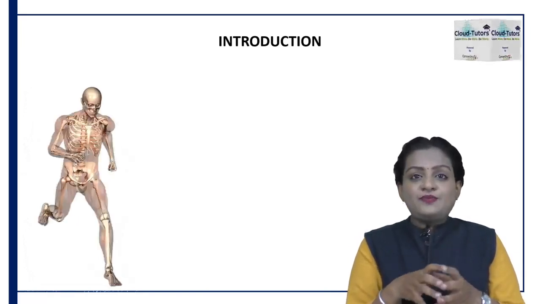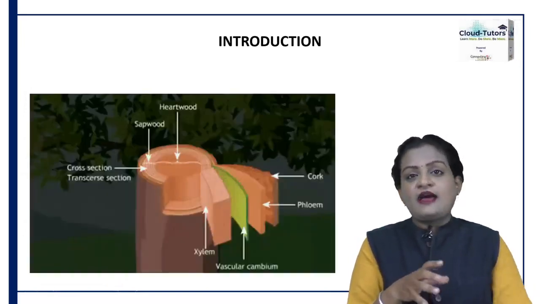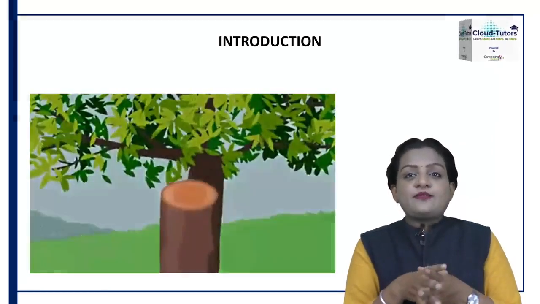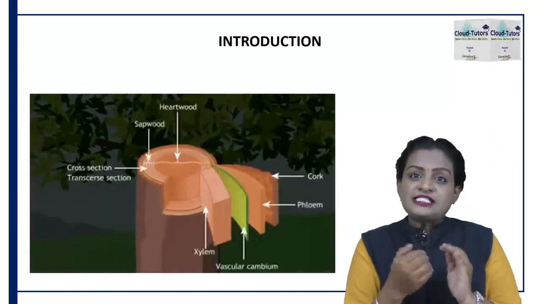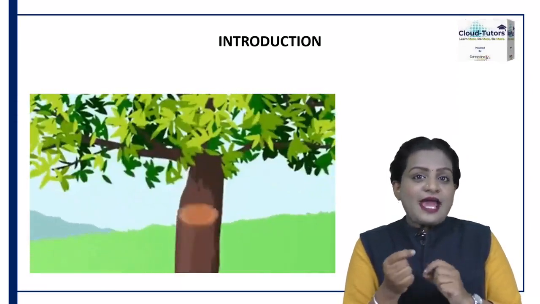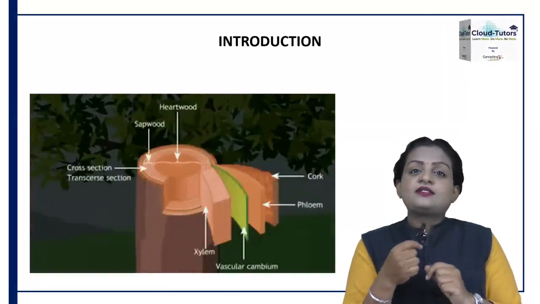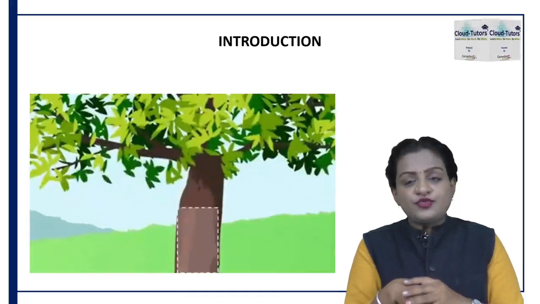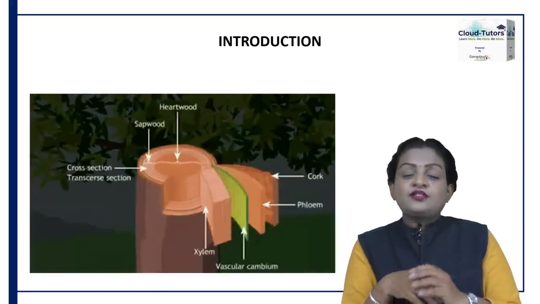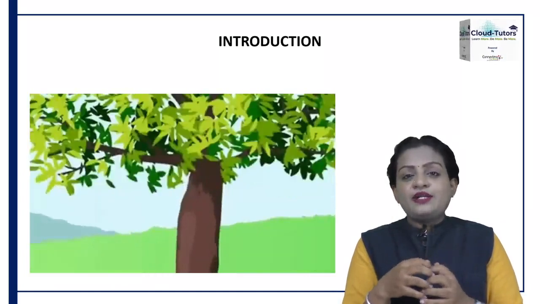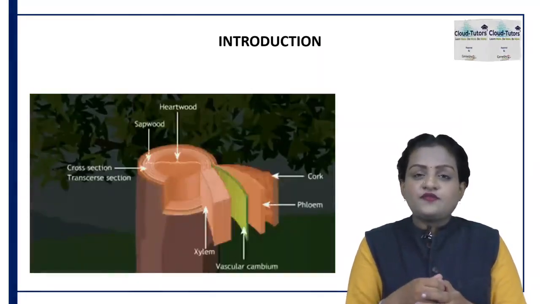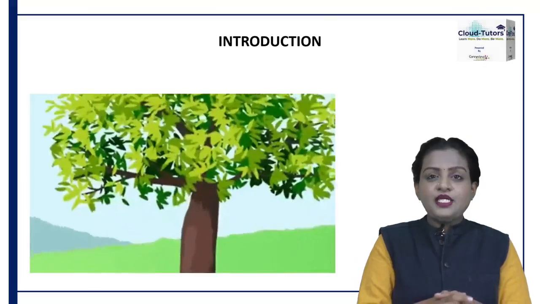But when it comes to plants, we think they have three main parts: leaf, stem and root. But if you cut the stem or the leaf, you can actually observe there are several layers or tissues present in it. These layers are in turn made up of the fundamental unit of our body, that is the cell.